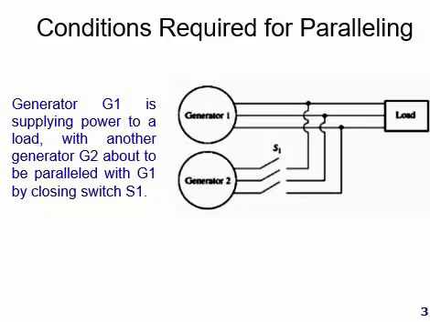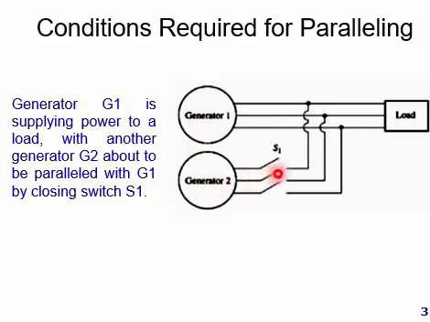So we will see what the conditions required for paralleling are. This is generator G1 and this is generator G2. This G2 generator is connected with the load and is in parallel to generator G1.